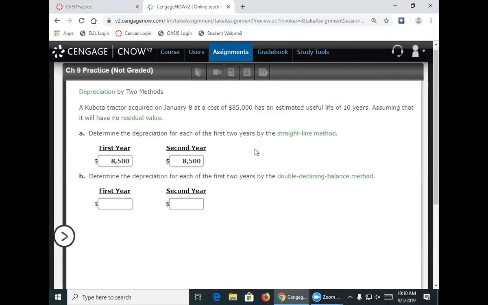Okay, so in year 1, book value is the full $85,000 times the 20% rate gives us our depreciation amount. So how much is depreciation in year 1? 17,000. Very good, 17,000. Okay. So in year 1, your cost is always your book value in year 1.